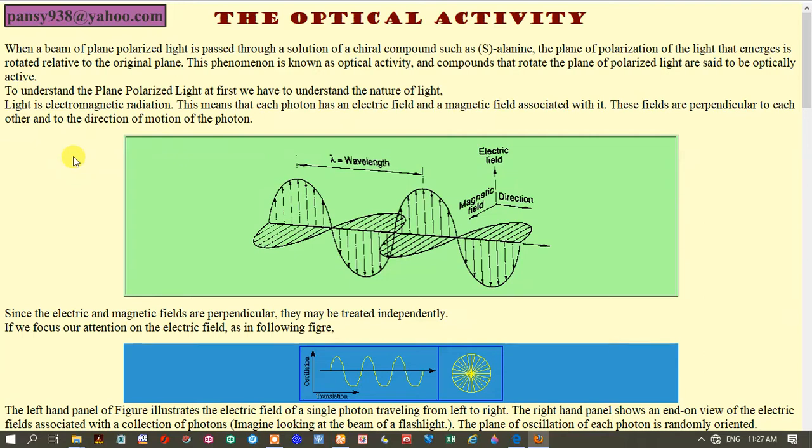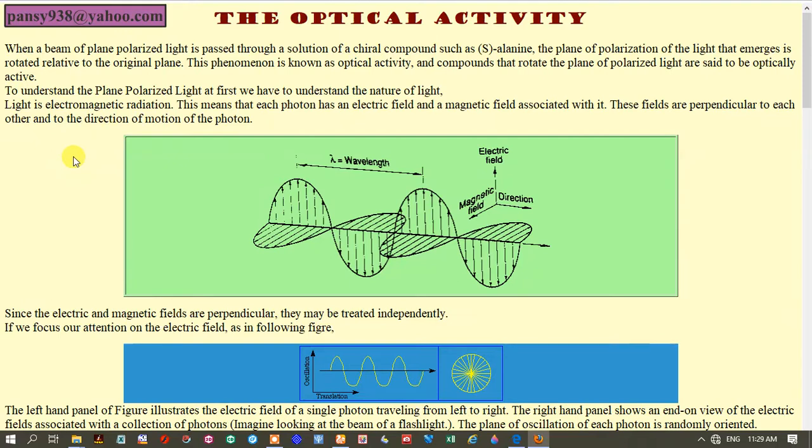The light that emerges is rotated relative to the original plane. This phenomenon is known as optical activity, and the compounds that rotate the plane of polarized light are said to be optically active.